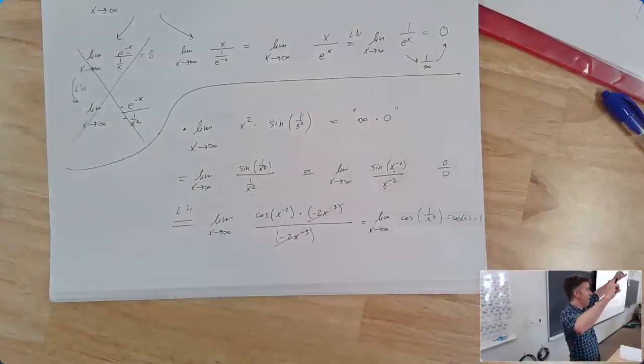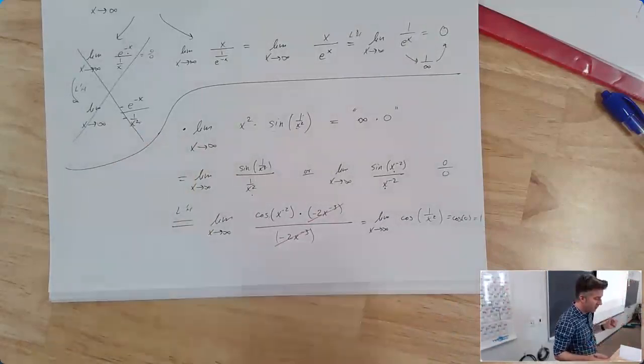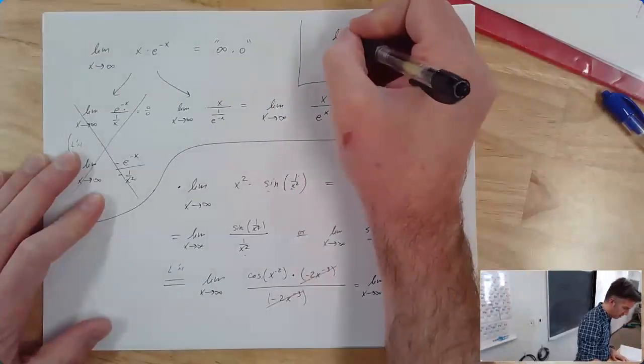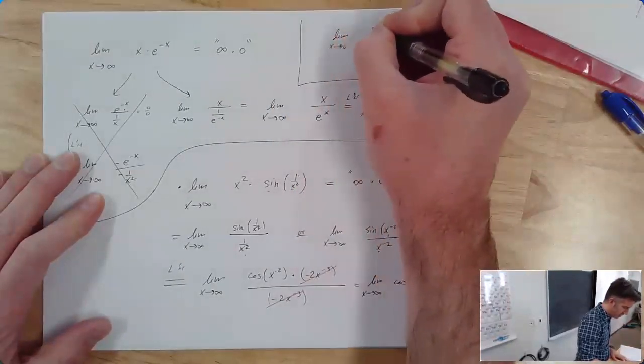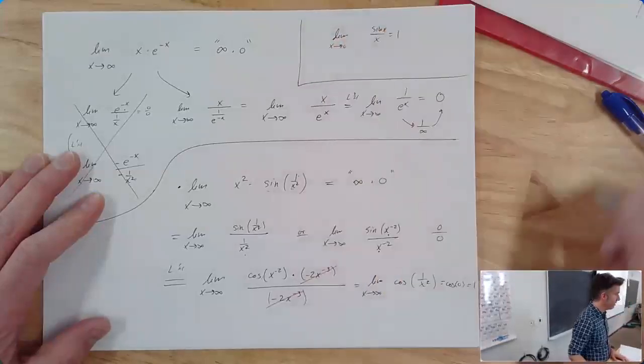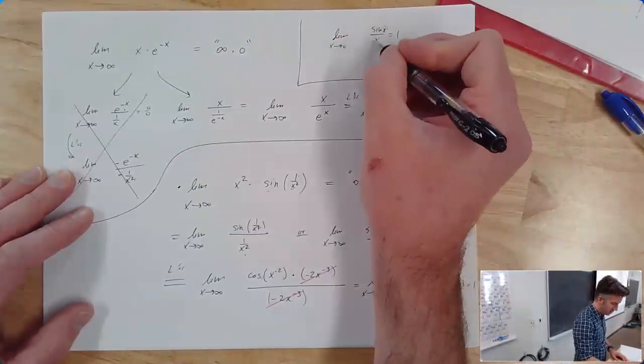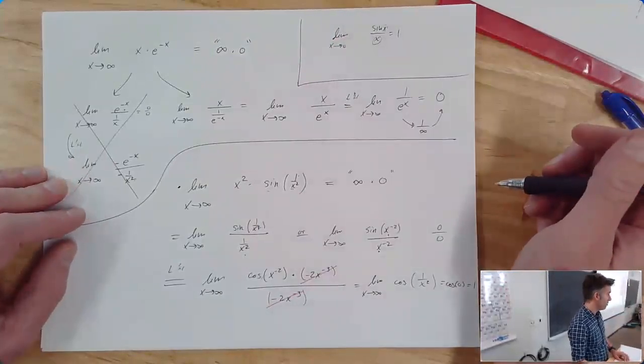If you have sine of a thing over the same thing, and those things are going to 0, then that limit's equal to 1. We've usually said it more like this, right? The limit as x approaches 0 of sine x over x is equal to 1. But really what matters is that this and this are the same, and they're both going to 0.